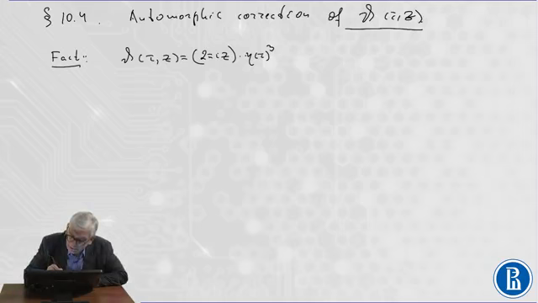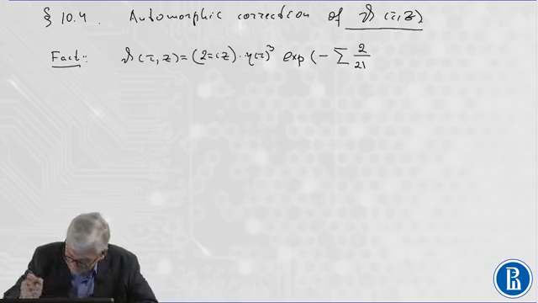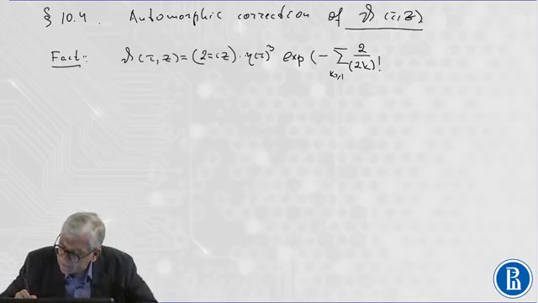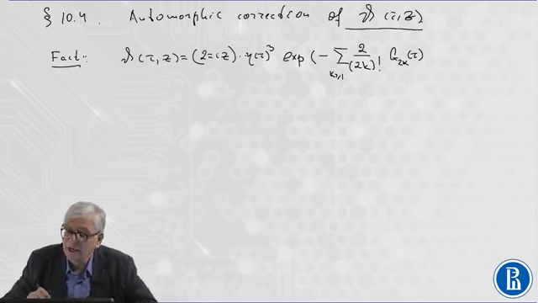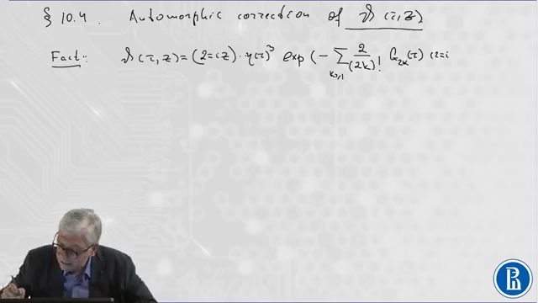And then we have e to the power minus the sum, over all k greater or equal to 1, of 2 over 2k factorial times the Eisenstein series G2k, where for k equal to 1 we have the quasi-modular Eisenstein series G2, times 2 pi i z to the power 2k.